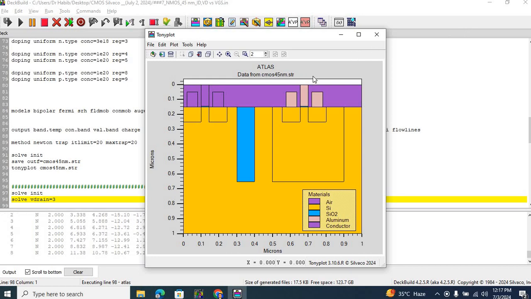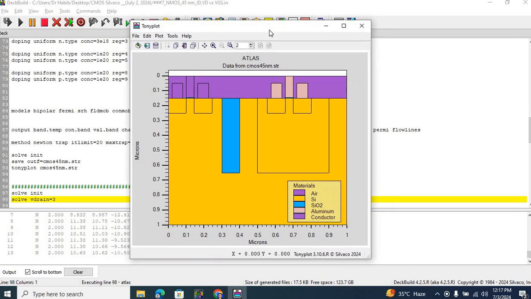Here is the structure. Okay, I had already discussed the structure. Let me full screen it.